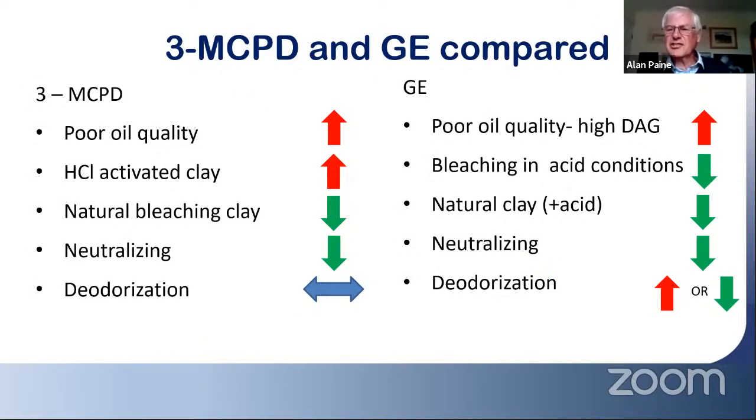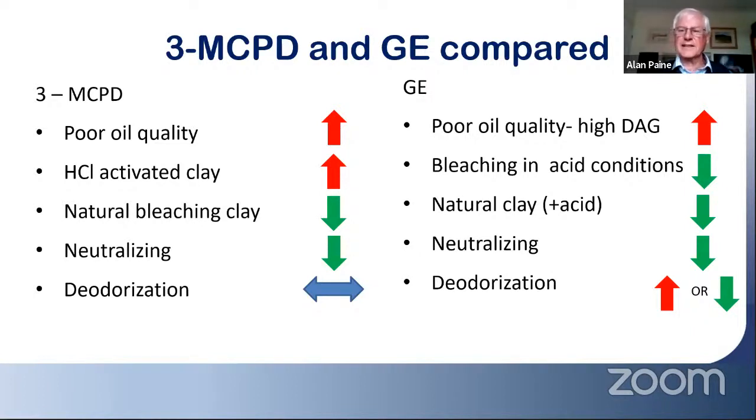Most of the investigations into GE and 3-MCPDs have been done in the palm oil industry, where the level of these substances are highest. But the same principles apply to other oils. In this slide, the conditions that cause either 3-MCPDs or GEs to rise are shown by a red arrow, and the conditions that cause them to fall are shown by a green arrow.